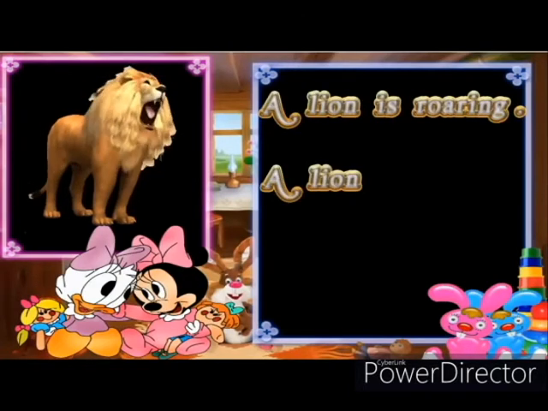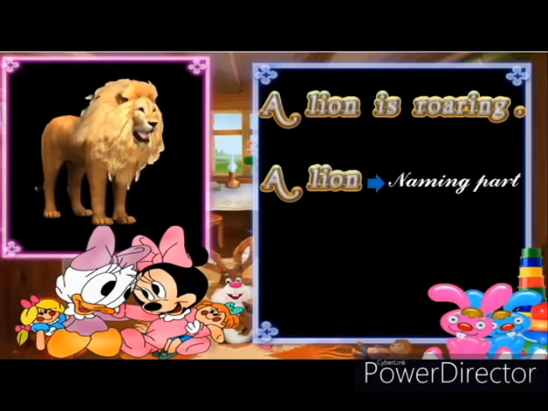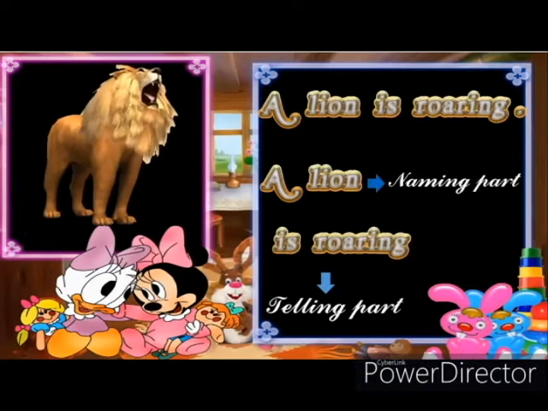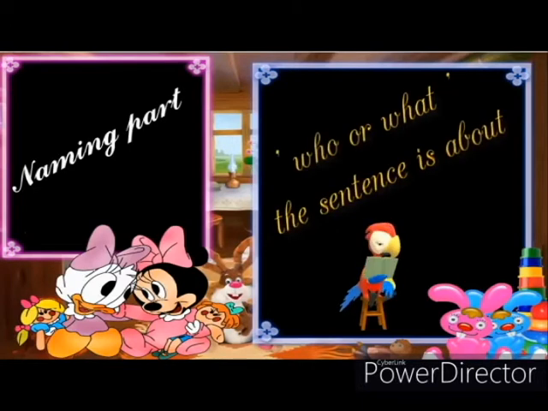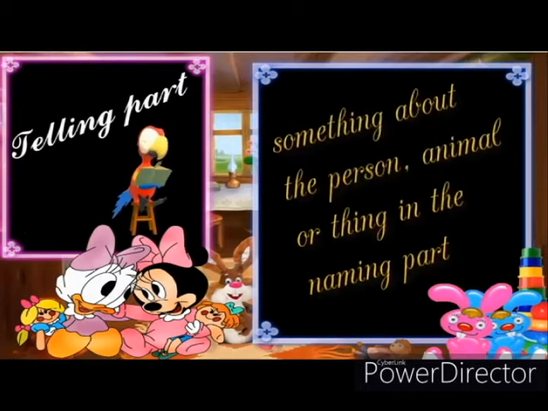In the sentence, "a lion" is the naming part and "is roaring" is the telling part. The naming part tells who or what the sentence is about, and the telling part tells us something about the person, animal, or thing in the naming part.